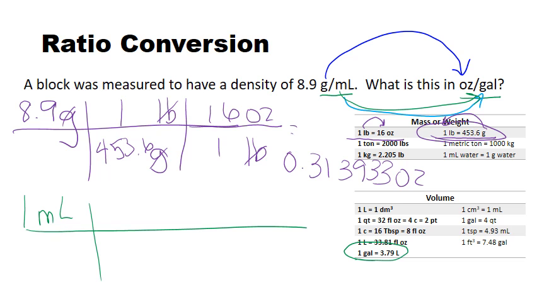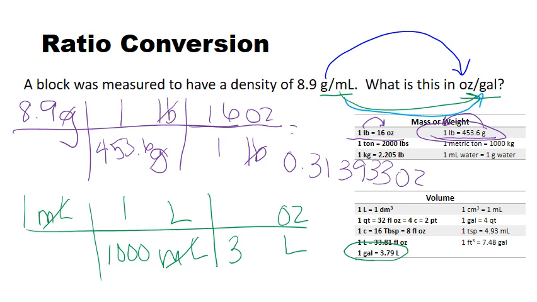Well, right now I'm in milliliters, so I need to first convert milliliters into liters. So milliliters will go on the bottom, liters will go on the top. Using my conversion chart, I know that there are 1,000 milliliters for every 1 liter. So my milliliters cancel, I'm now with liters, but I need to keep going into the gallons. So liters will go on the bottom and then gallons will go on top.